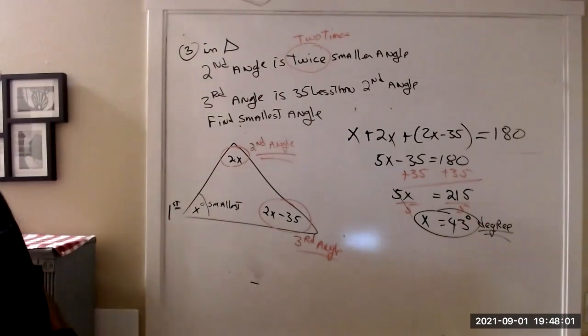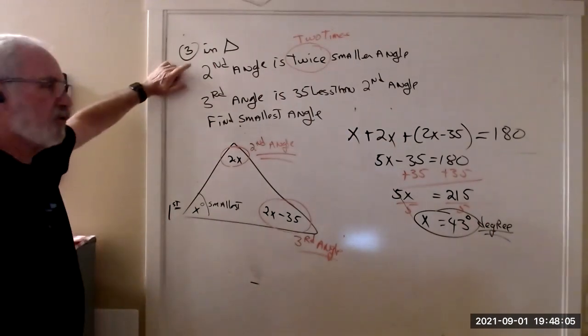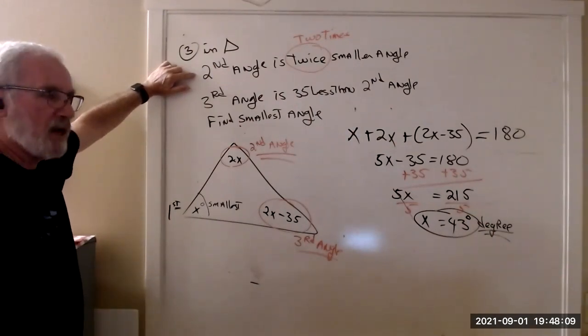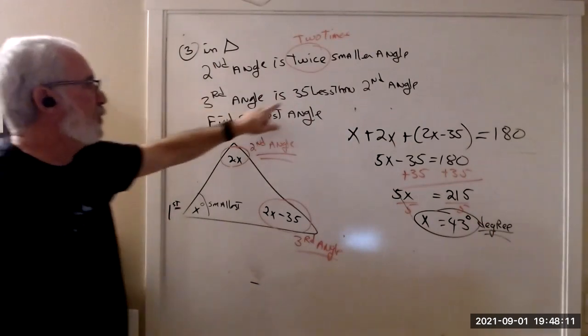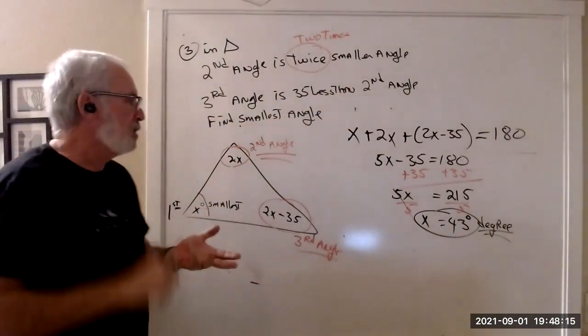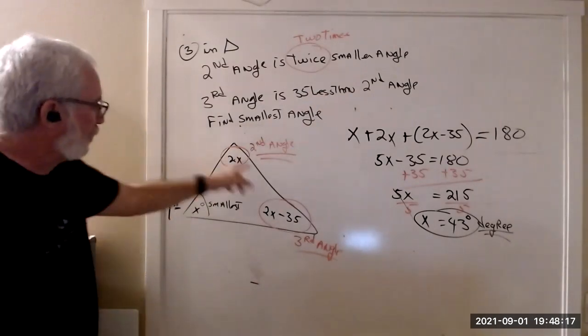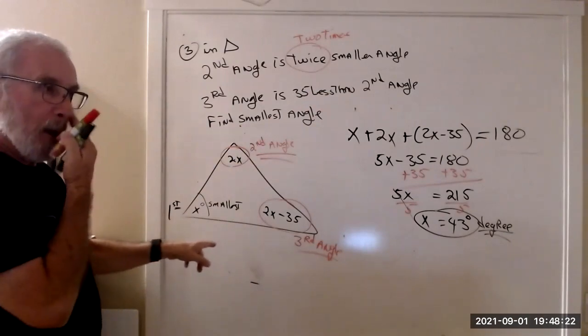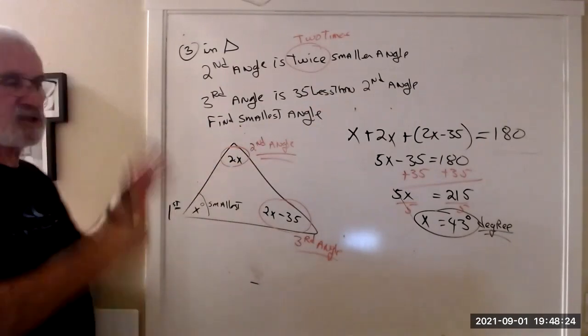So this problem, there were a couple things here. The first was translating the English into math. Twice meant 2X. 35 less than meant subtract, but change the order. Then you had to put those words on a triangle. Remember, somebody is always an X. Put X somewhere.